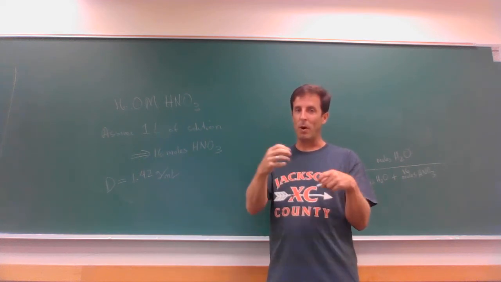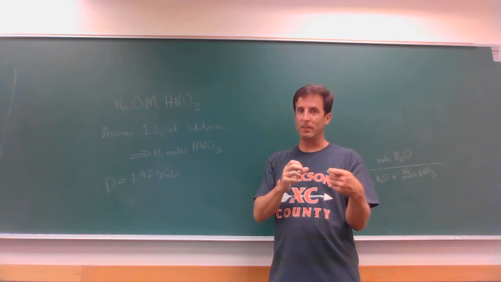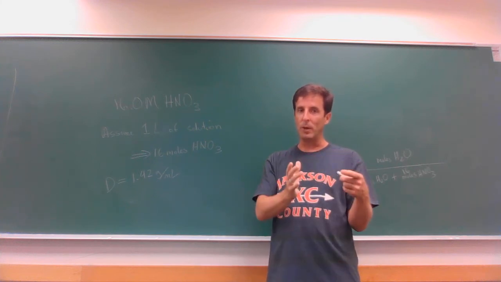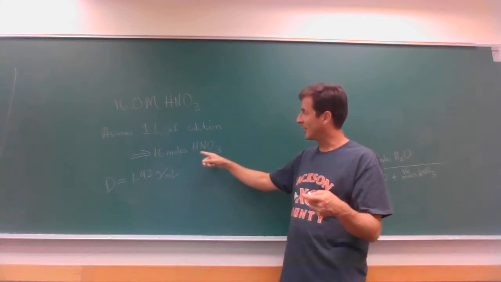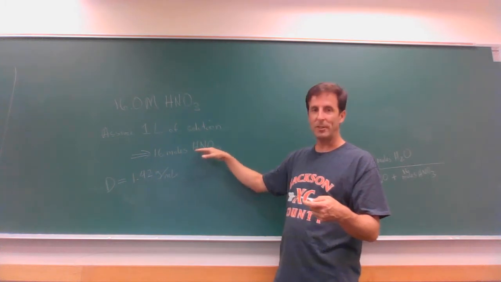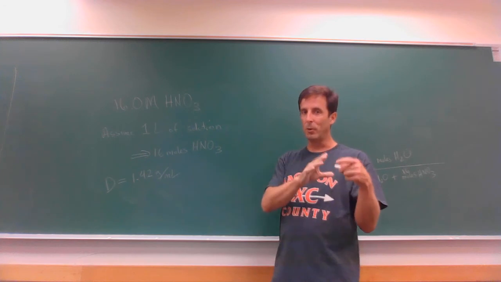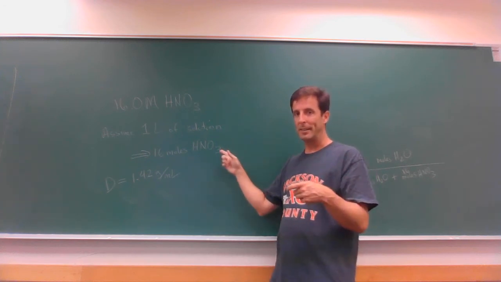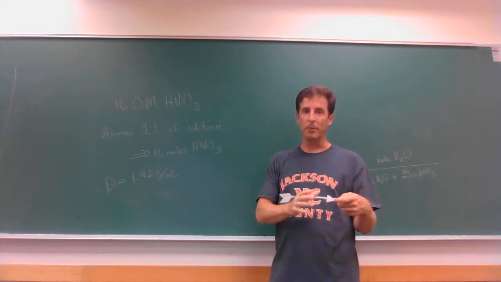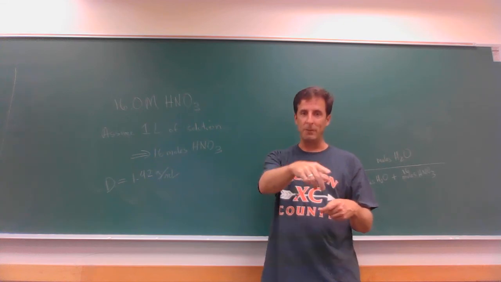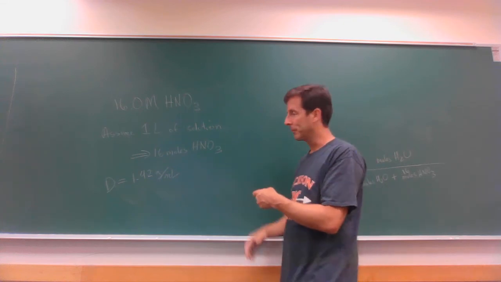That'll be the water and the nitric acid together. If I change the moles of nitric acid into grams, I can subtract that from the mass of the solution to get the water. So that's my plan. See if you can do it, but then I'm going to work it here.